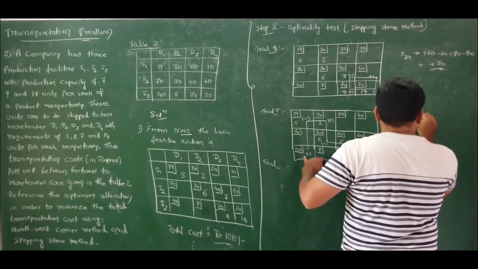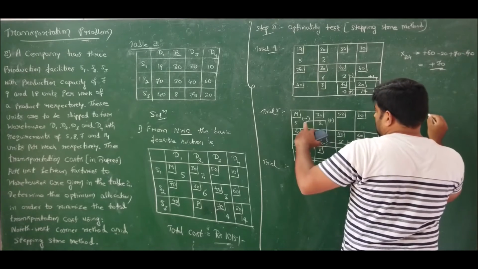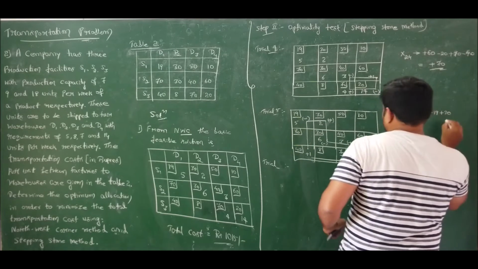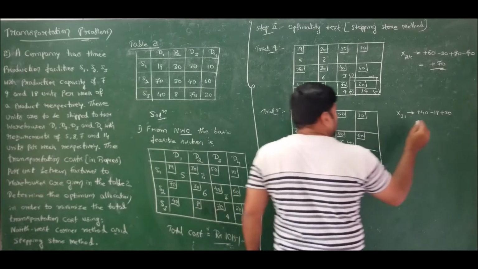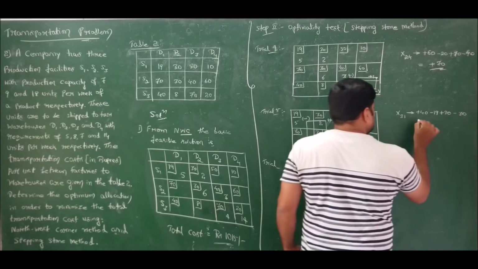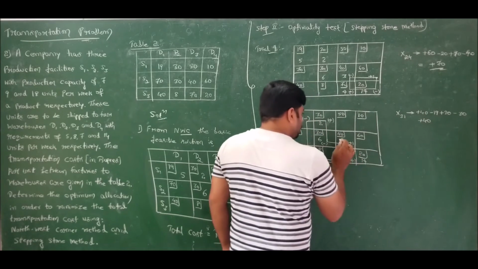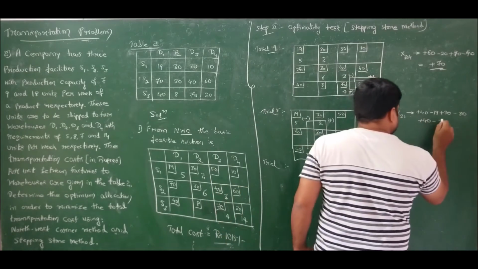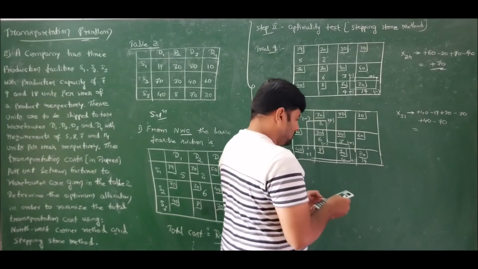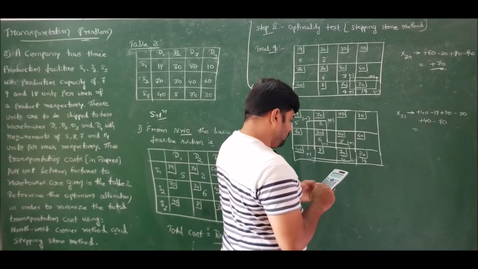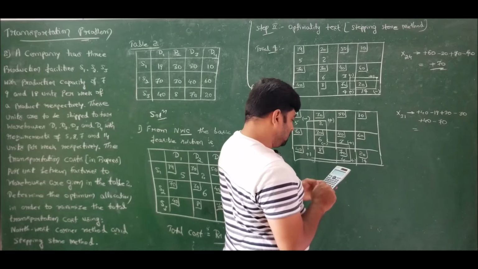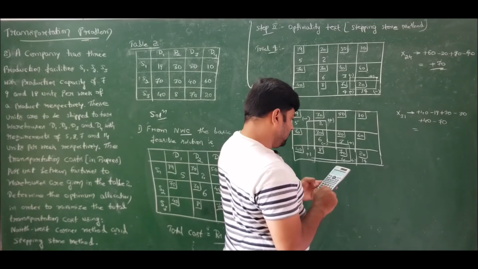Now what is the net increase or decrease from x31? We have plus 40 as cost, minus 19, plus 30, minus 30, plus 40, minus 70. So this will yield us 40 minus 19 plus 30 minus 30 plus 40 minus 70.